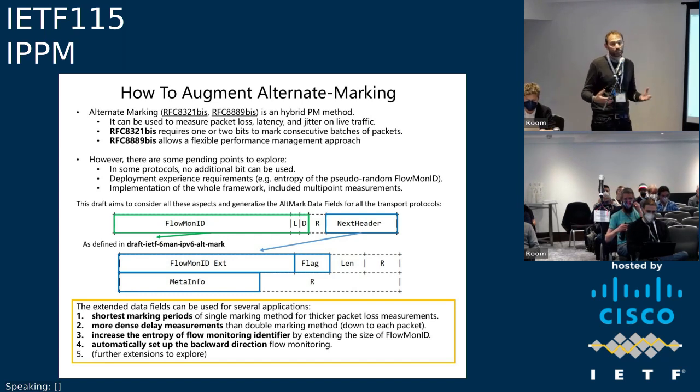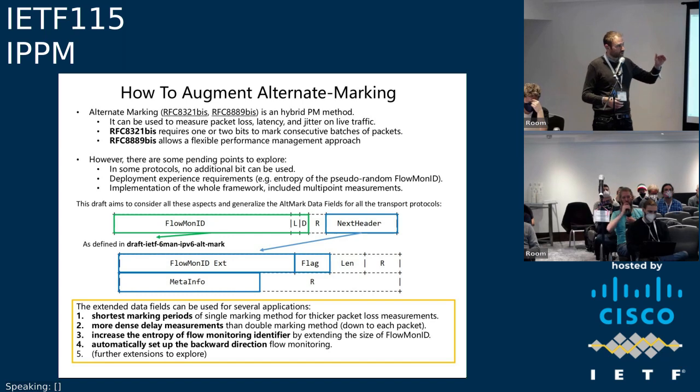For example, in some protocols there are no additional bits that can be used. Also, some deployment experience gives new requirements. For example, the entropy of the pseudo-random flow identification can be increased in some cases to extend the number of flows that can be monitored.